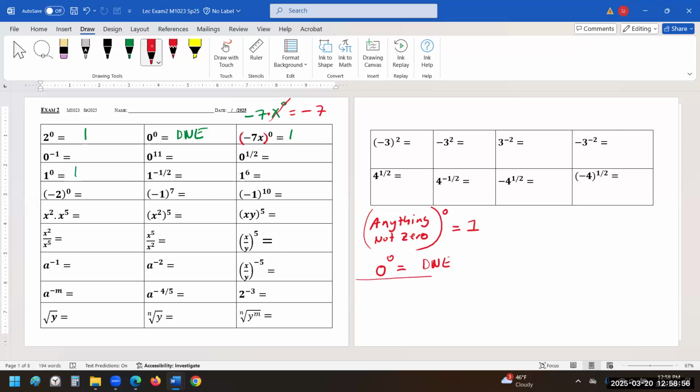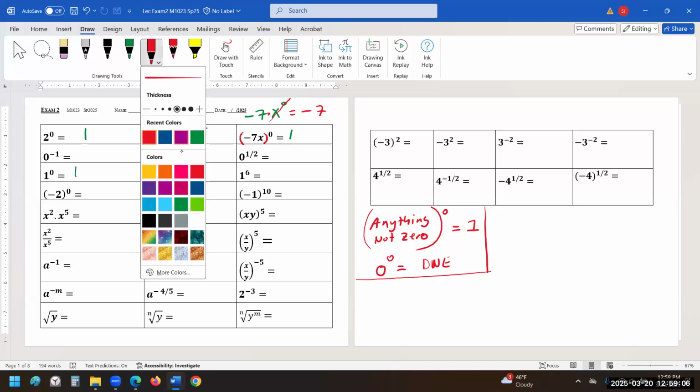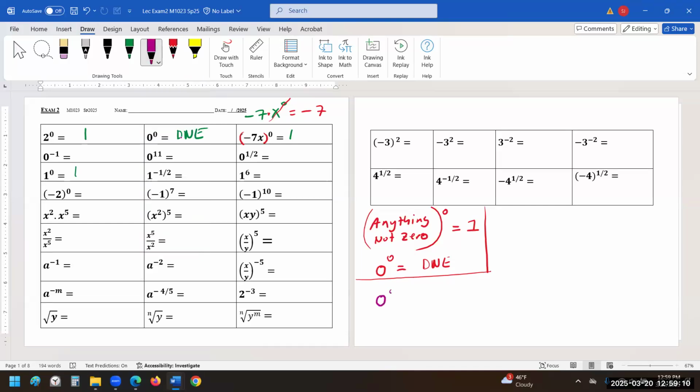Okay, so we have the 0 power rows. We are happy. The next row is 0 base. So for 0 base, let me change the color. 0 to the 0, we know doesn't exist, right? No problem.